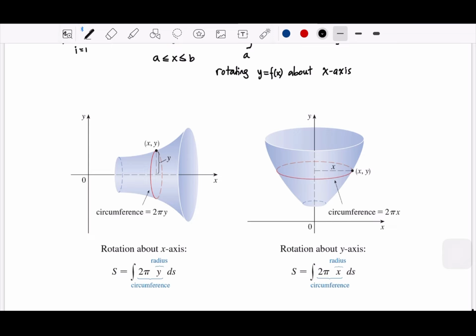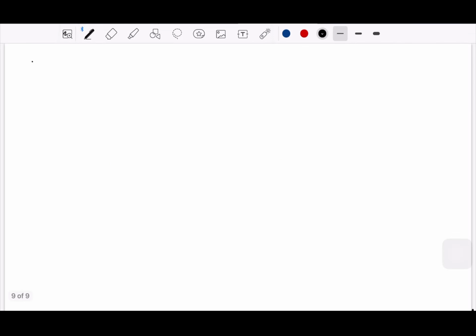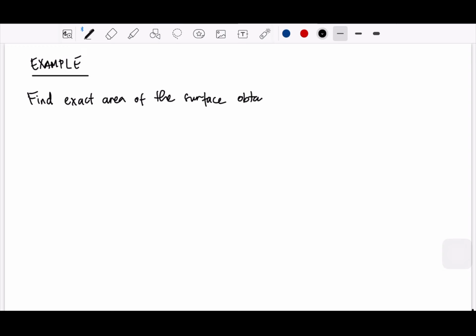Okay, let me give you an example here. Find the exact area of the surface obtained by rotating the curve about, so number 1 is the x-axis.